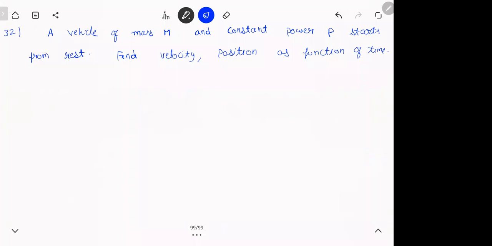What was today's homework? 12th current electricity. Okay.